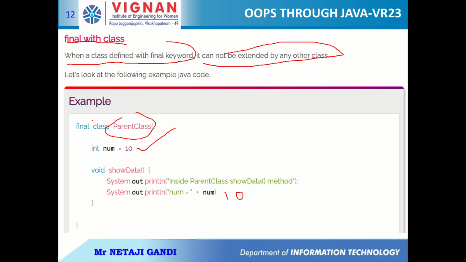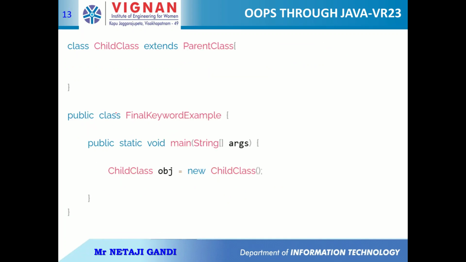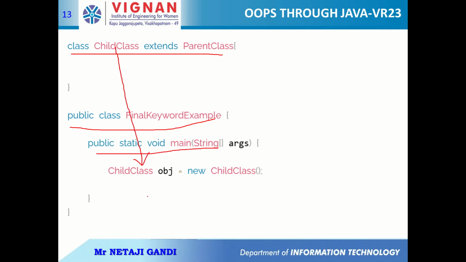But remember that the final keyword is applied to the parent class. Now the child can define any method as you wish. Now you can create a main class, public static void main. If you create an object for the child class and try to access the parent with the child, the system can generate an error.